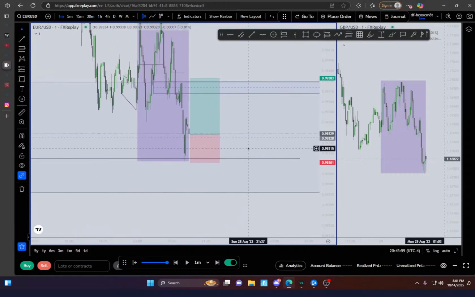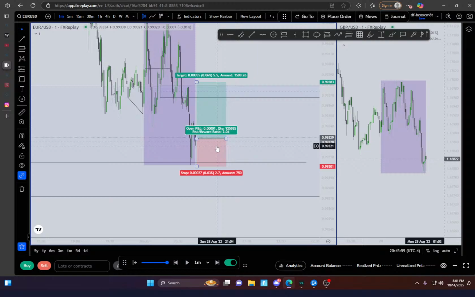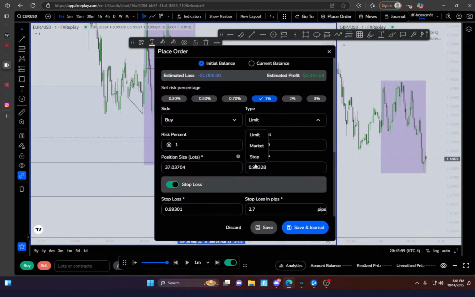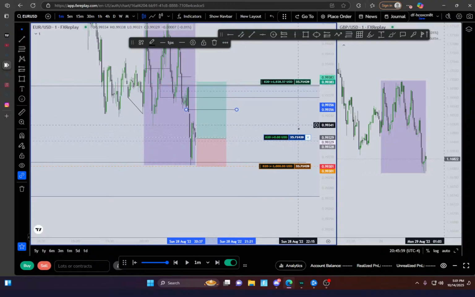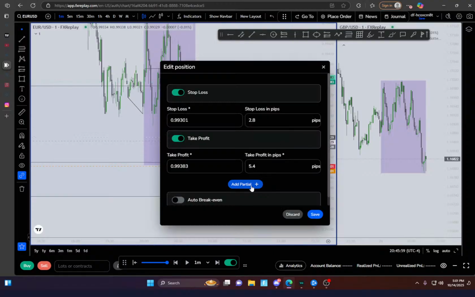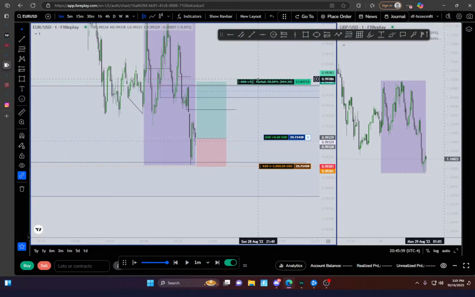Downside. And then we could take partials. This will be slightly good. Take partials at this right here. Let's do 50%. Partials 50%.